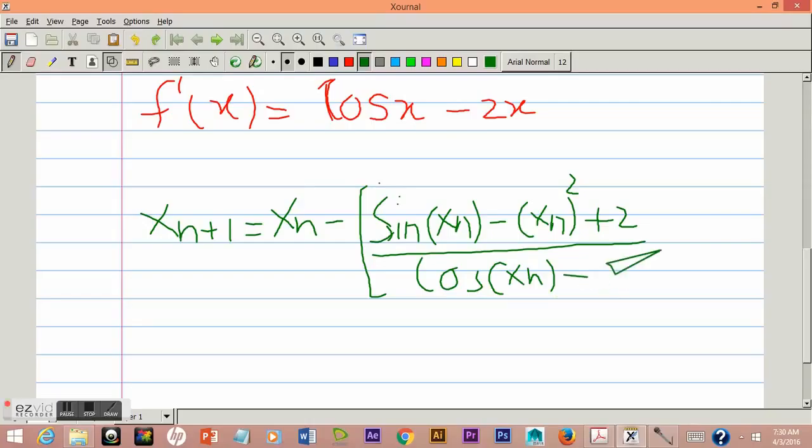So we have arranged the f of xn, f dash of xn by our functions.